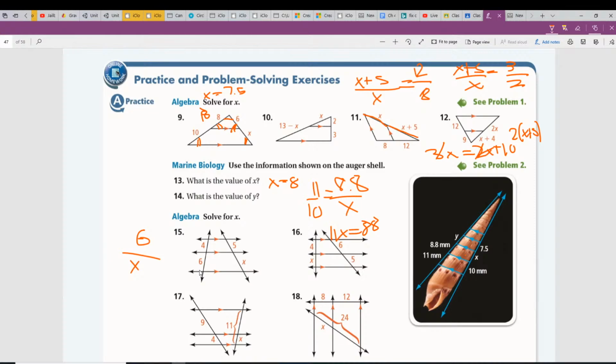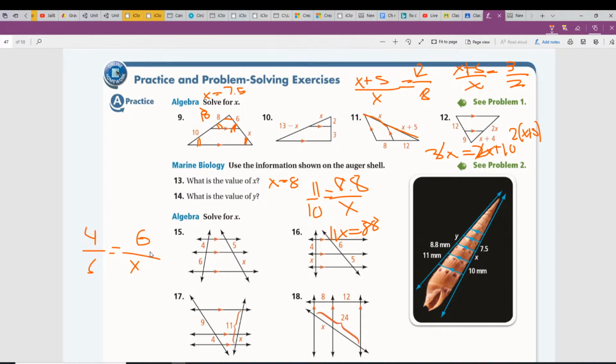6 divided by x. So that will be equal to 4 divided by 5, because these two angles are on the same side and these two angles are on the other side, but they have the same side length.